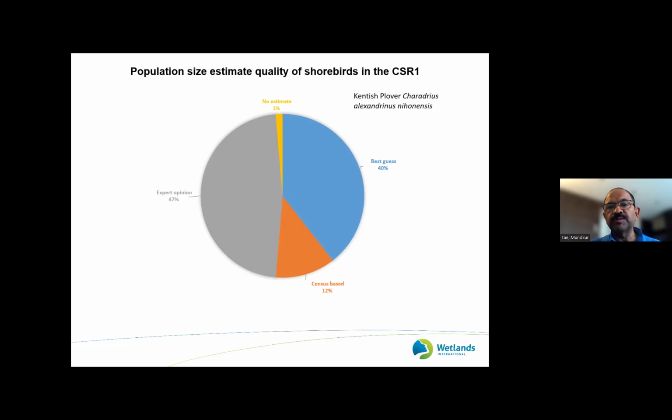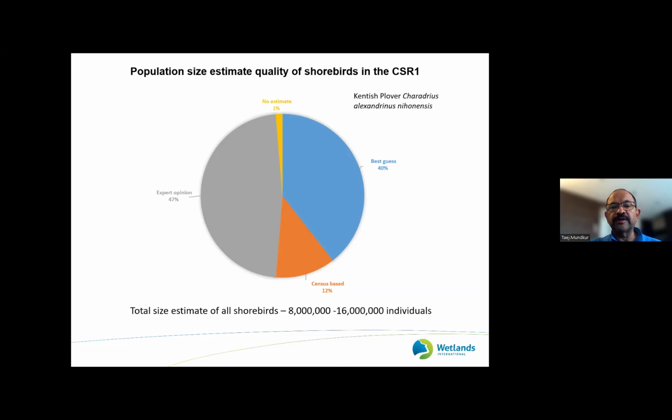We've got a number of species for which we have the estimates, but for one population, the Kentish plover, Charadrius alexandrinus nihonensis, we do not have yet a population estimate. So this is the only population within the CSR1 that does not have a population estimate.